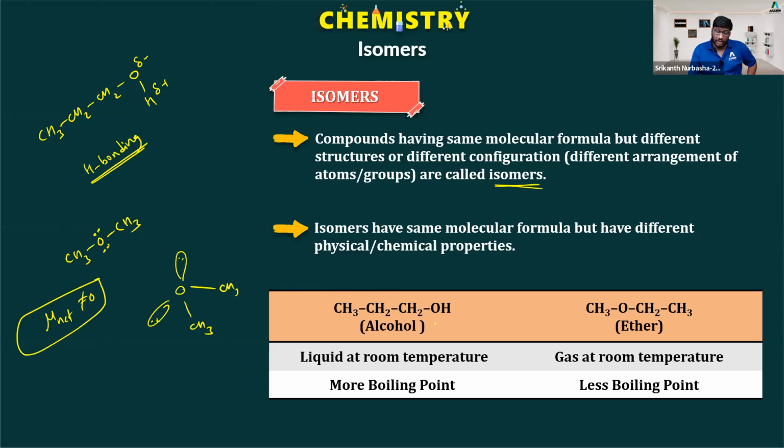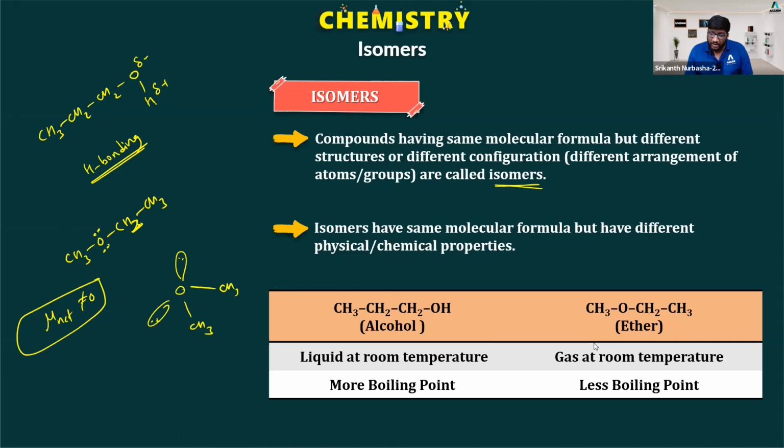The ether and alcohol given here have the same molecular formula, and they are going to have differences in the properties. That is why they are called isomers. Isomers are those compounds which have a difference in the physical or chemical properties, possessing the same molecular formula.